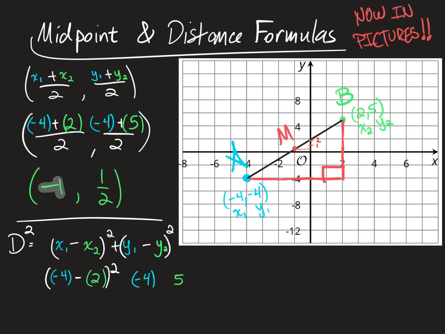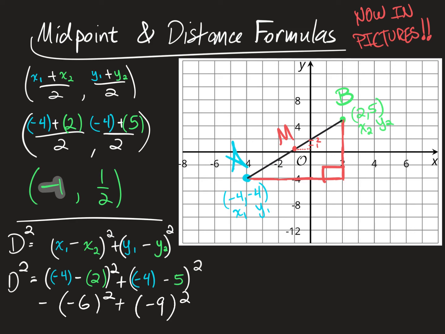And we're subtracting those. All right. From there, we can simplify this, and we can simplify this. So negative 4 minus 2 is going to be negative 6, and negative 4 minus 5 will be negative 9.